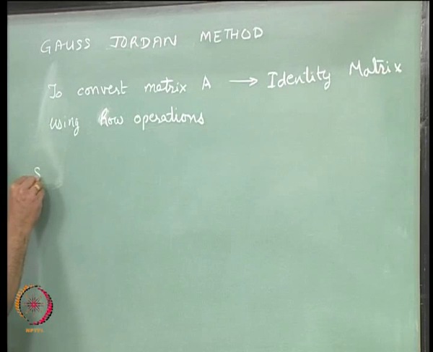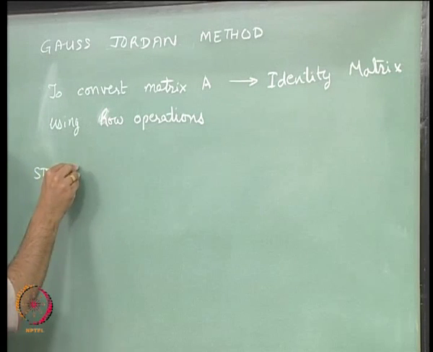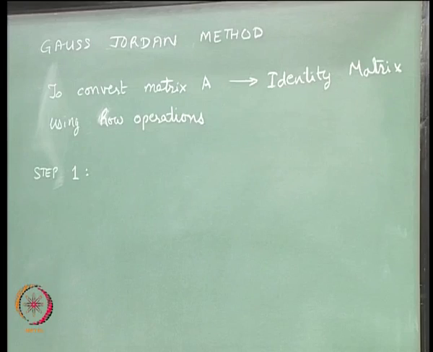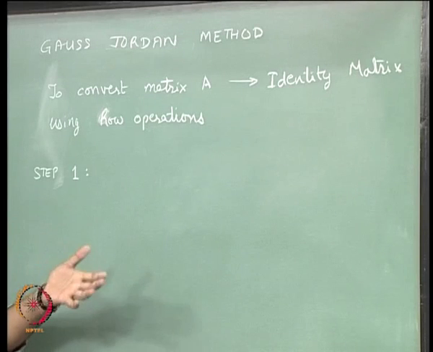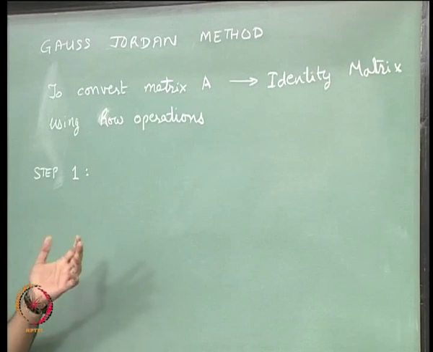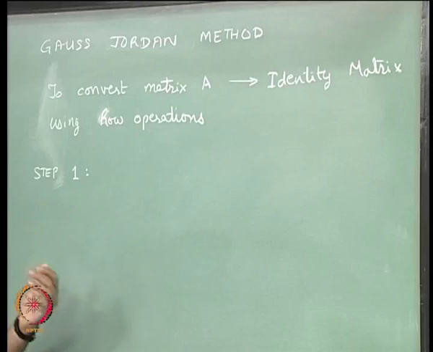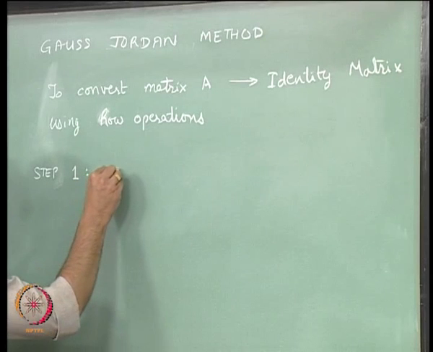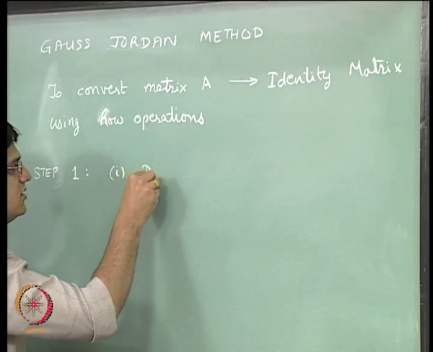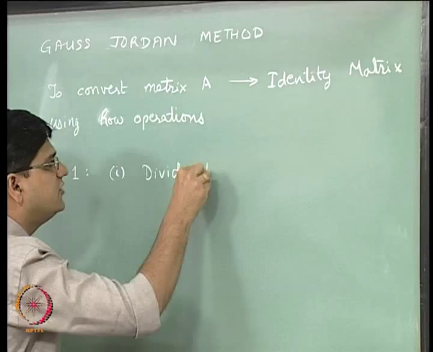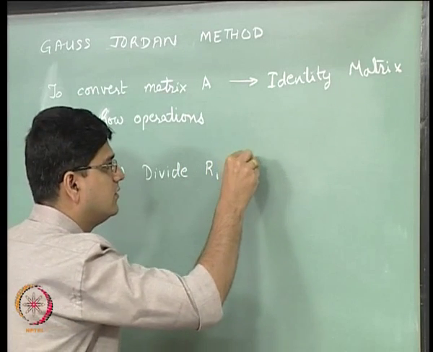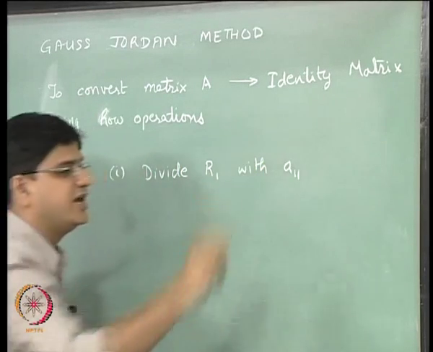So step 1. The thing that we did in step 1 in the Gauss elimination method is we did R2 plus alpha_21 multiplied by R1, R3 plus alpha_31 multiplied by R1. Instead, in the Gauss-Jordan method, the first part of step 1 is to divide row 1 with A11.